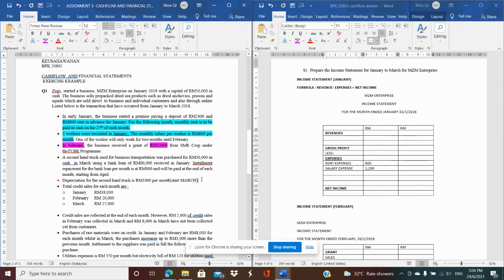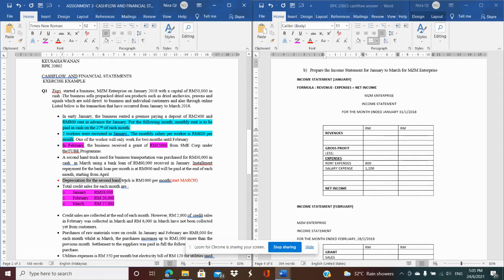Now we're looking at the total sales. This is the activity of the sales for each month. January 18,000, February 20,000, and March 27,000. These are sales, so this will correspond to the revenue. I'm going to highlight it as a purple or pink one.